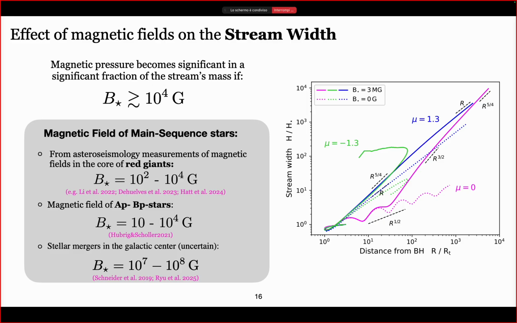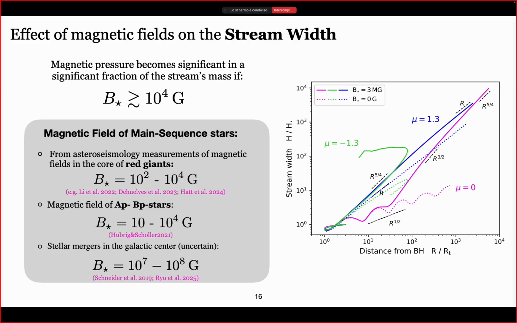By tracing back the magnetic field through flux conservation, because this can be done only for red giants, they find values of 10 to the 2 to 10 to the 4 Gauss.